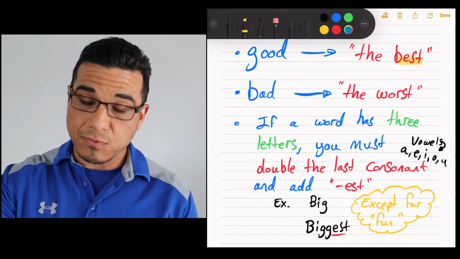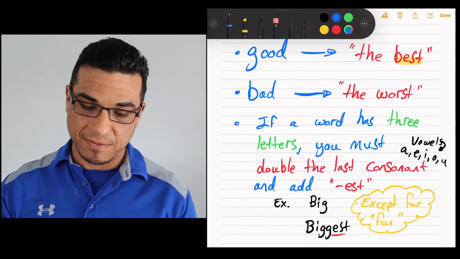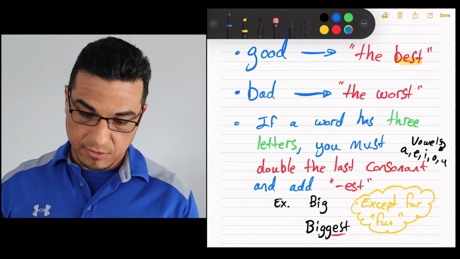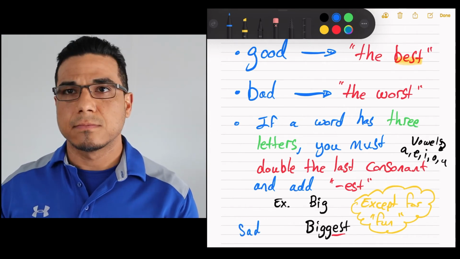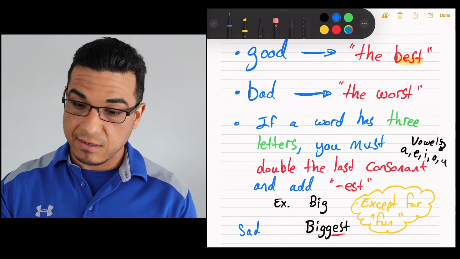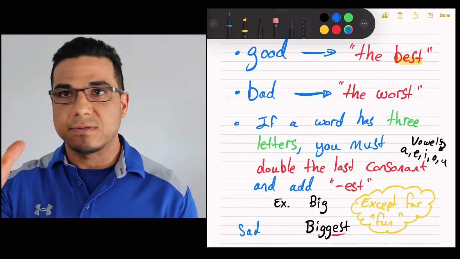So, let's do this one. If I can get this writing tool to work the way that I want it to, we would be smooth sailing, but yeah, slow but steady. Okay, let's do sad. Okay, 3 letters. Ends in a consonant because it's not an A, right? It's not an E, it's not an I, it's not an O, it's not a U, it's a consonant.